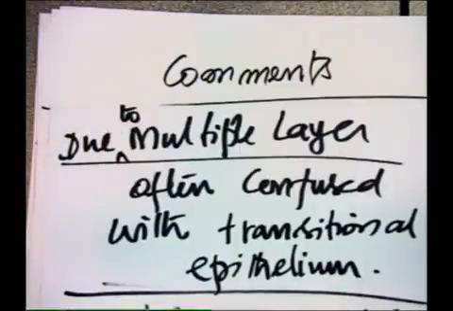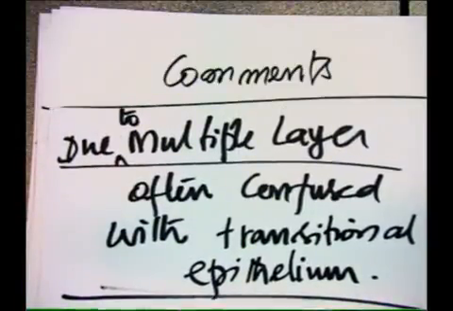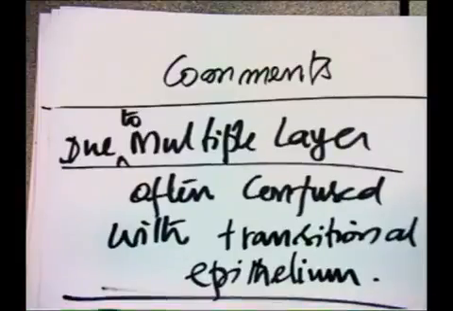Now we will go on to the next one, which is the stratified keratinized one. Most of the findings we have seen in the previous one are the same, except some keratinized cells are present in that.